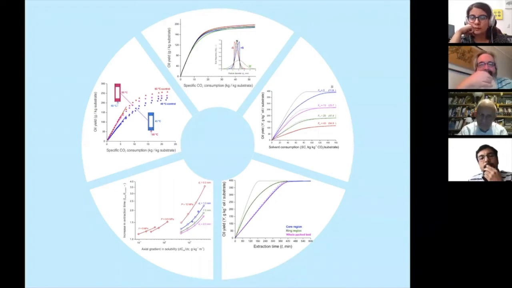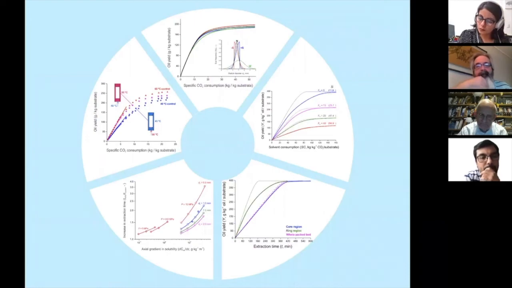Yes. So it seems that you don't really need to define the system where you are modeling. Basically, you just measure the properties of the raw material which needs to be extracted.